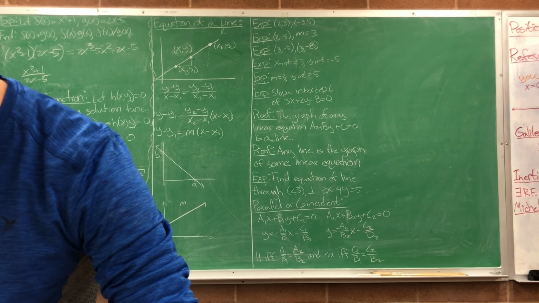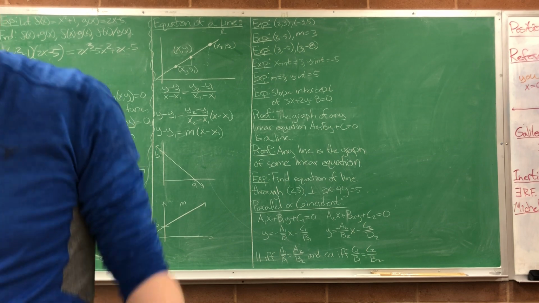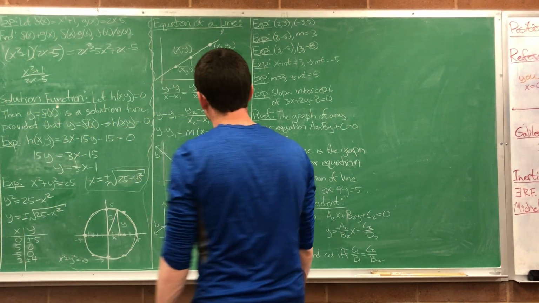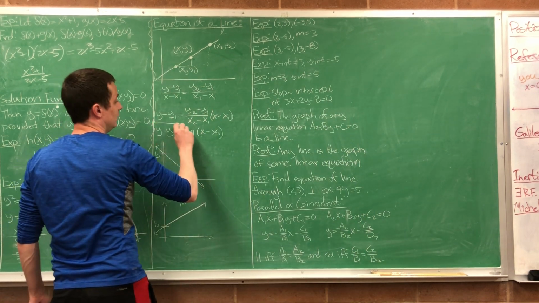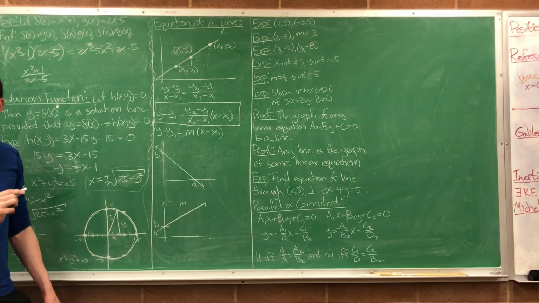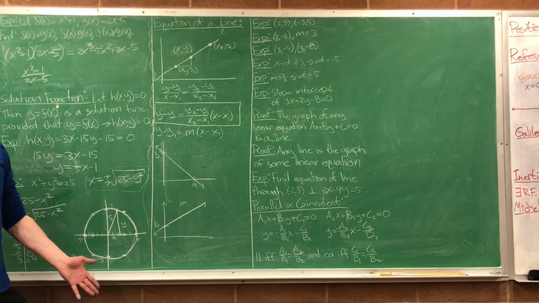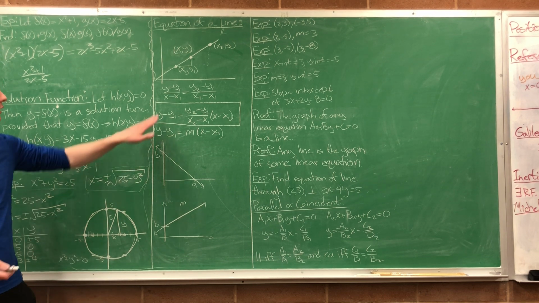It's just called the 2-point formula. So here's your 2-point formula from algebra, and that's where it comes from. Pretty simple to derive, right? So you should now always know how to come up with the equation of a line.